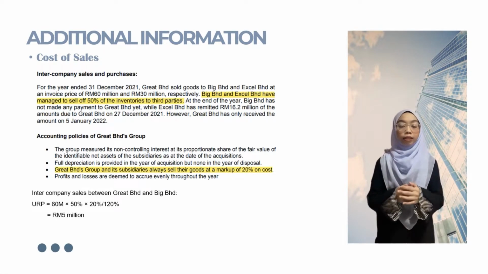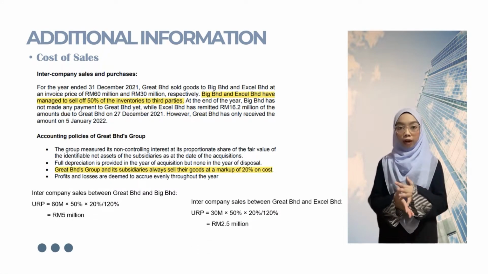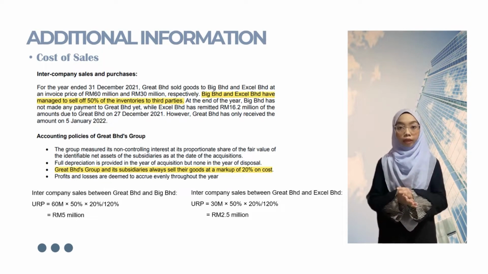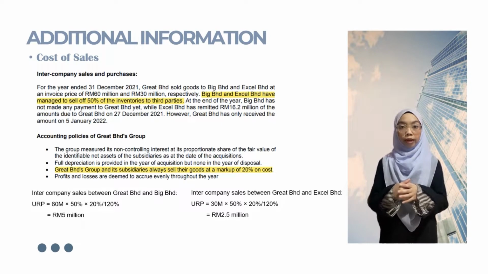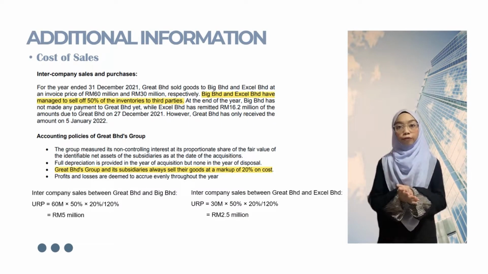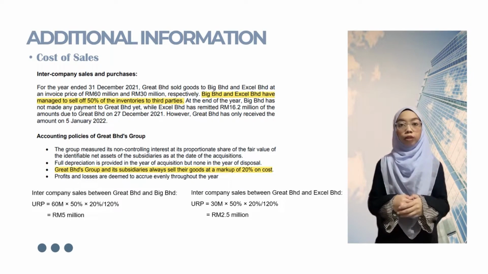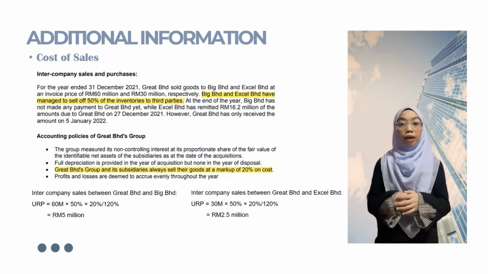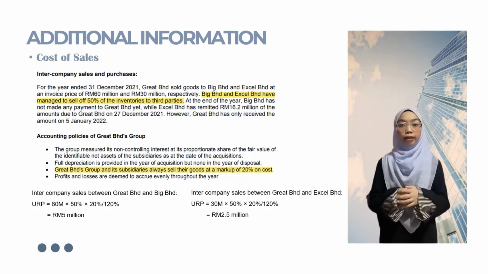And for the intercompany transaction between Great Berhad and Excel Berhad, we have to multiply the 30 million ringgit with 50% and 20% over 120%, which we will get 2.5 million ringgit. Therefore, these two amounts are brought to the consolidated statement of profit or loss and other comprehensive income under cost of sales to be added up.